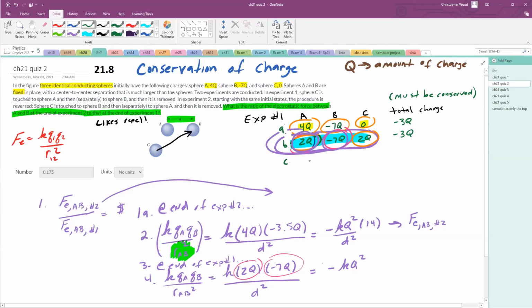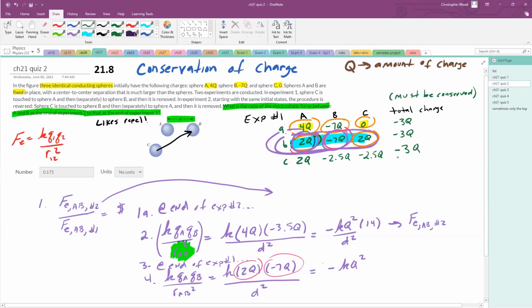So when C and B are touched, A remains 2Q. And now this is going to be what? This would be negative 5, so this is negative 2.5Q and negative 2.5Q. Let's sanity check it. My total amount of charge here is 2 minus 2.5 minus 2.5, which is negative 3Q.